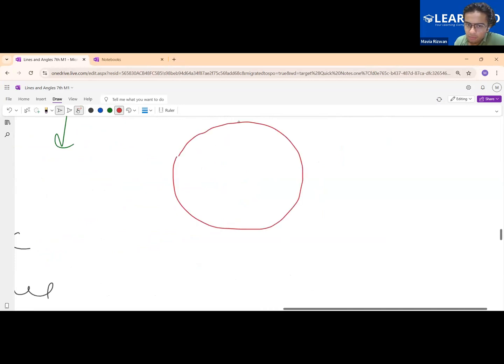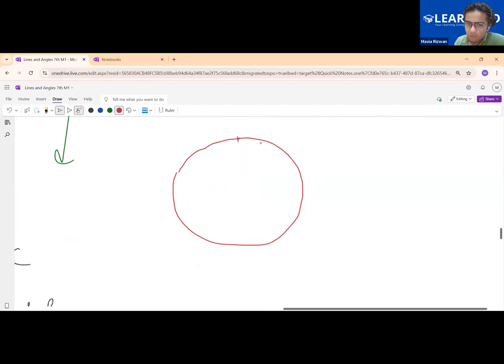This is the clock. Okay, I'll draw a clock. So this is 12, 1, 2, 3, 4, 5, 6, 7, 8, 10 and 11. Temperature at 12 p.m. was plus 10 degrees Celsius, right?